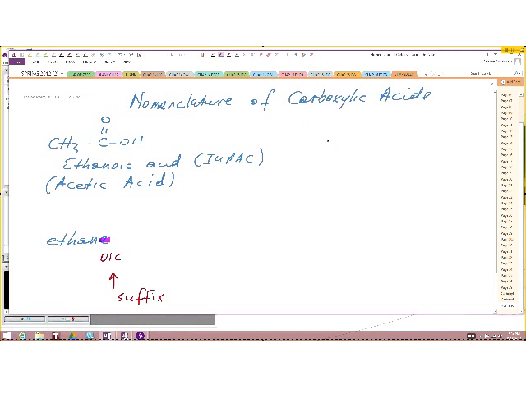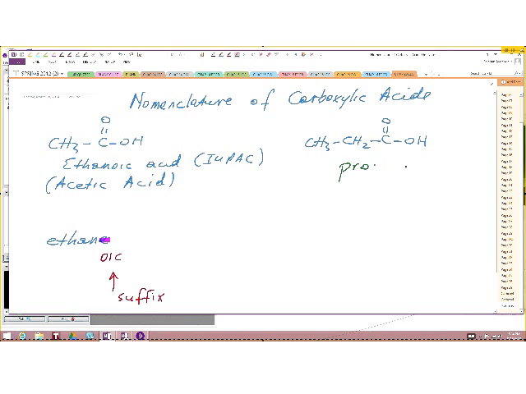Now, if you take a look at this, what will be the IUPAC name for this molecule here? What is it? Propanoic. Very good.